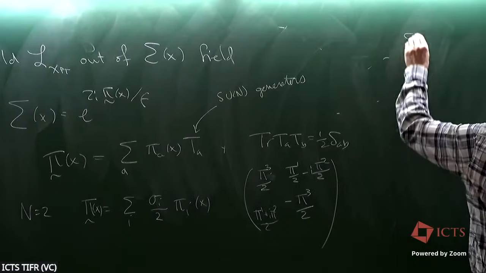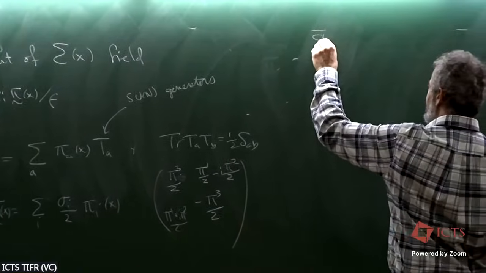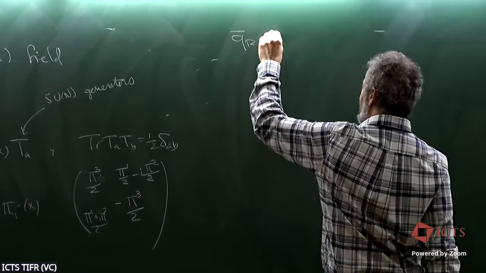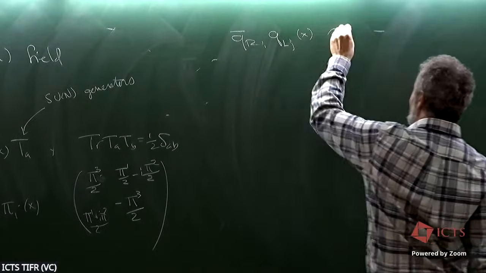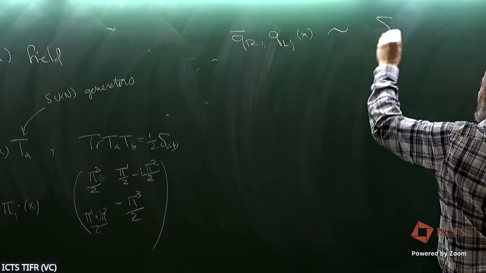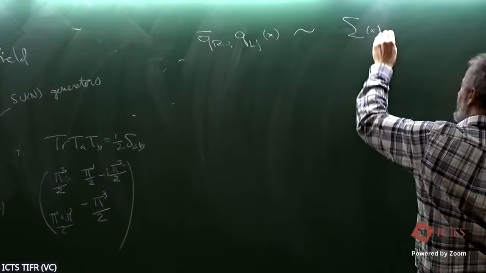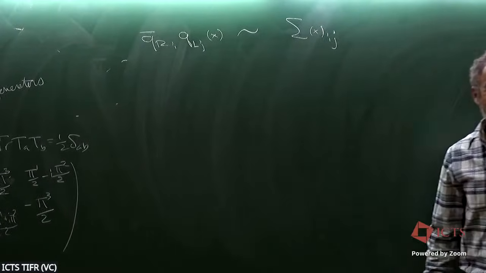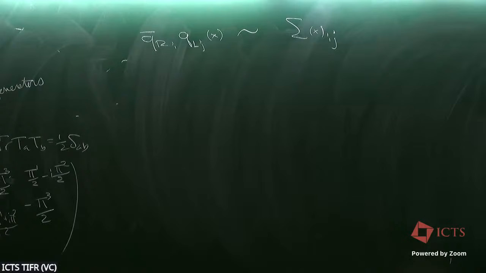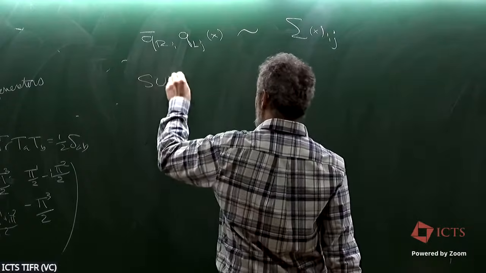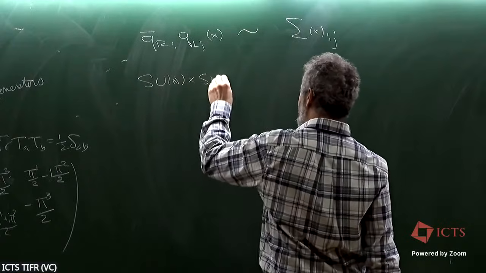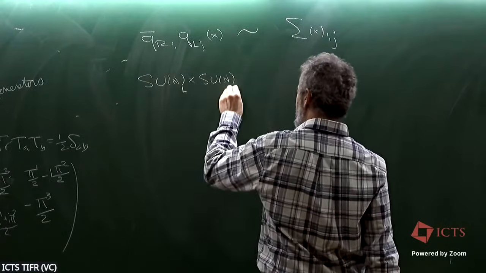We're taking Q bar right I, Q left J of X, which looks like sigma of X IJ. That's our excitation above the ground state. Now, under SUN cross SUN, the exact symmetry of QCD, how does this transform?